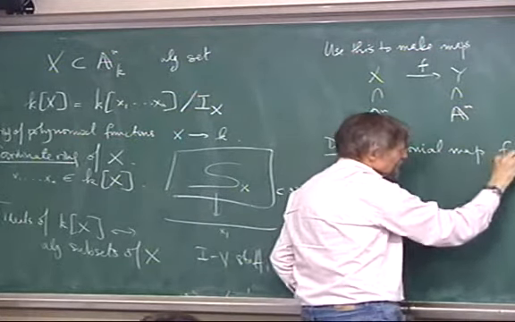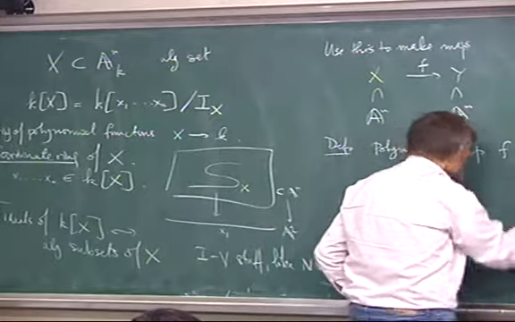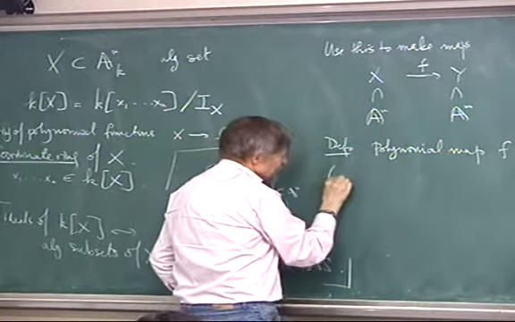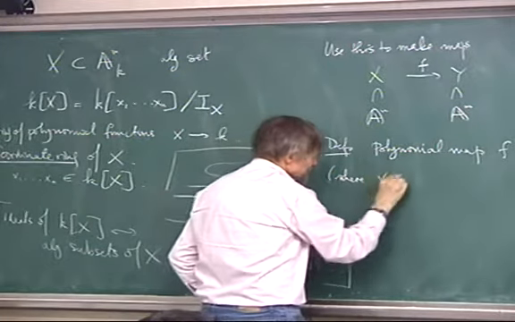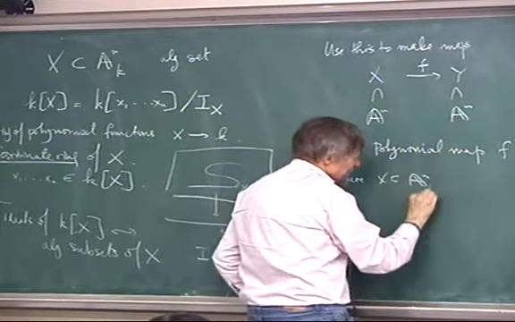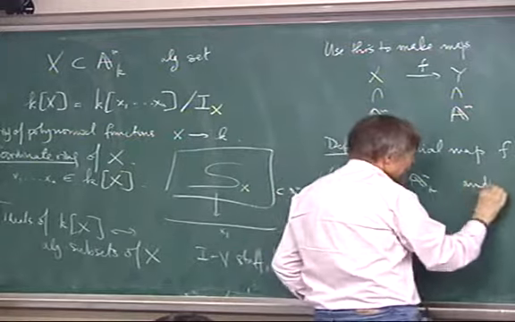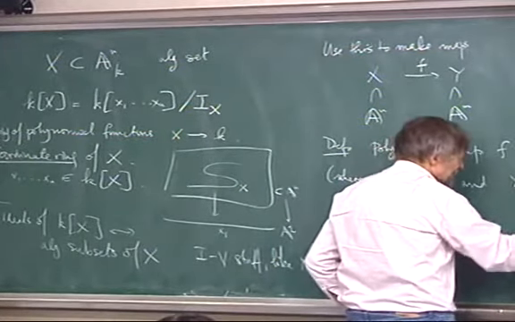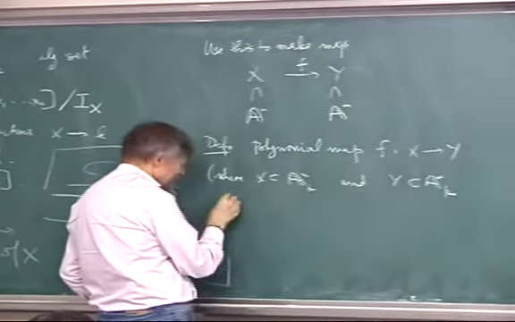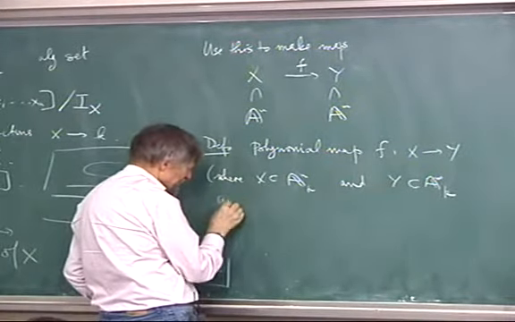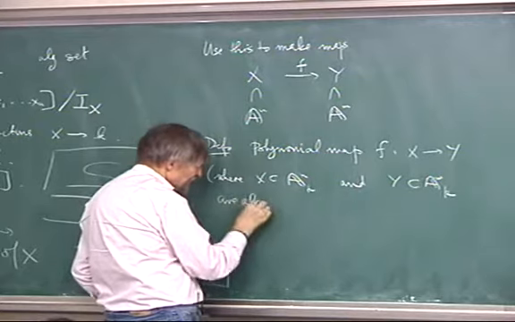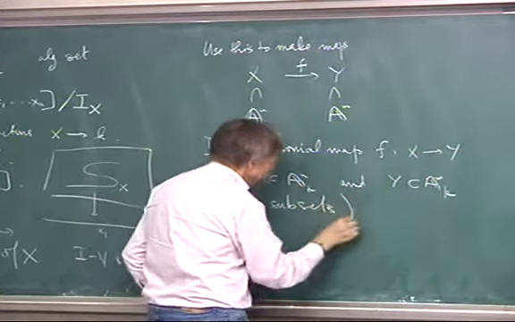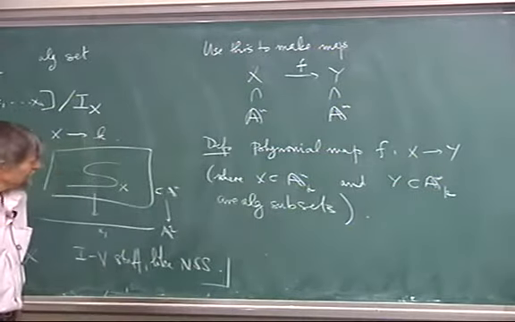F from X to Y, where X in A^n and Y in A^m. These are just the things I've been talking about all the time, algebraic subsets. Well, it's what it says.